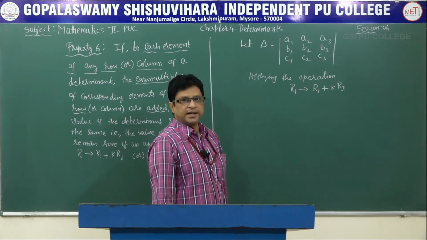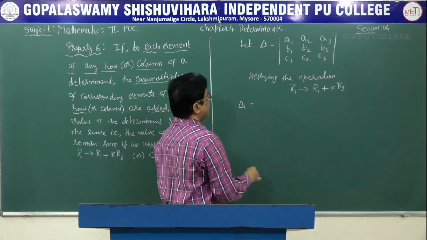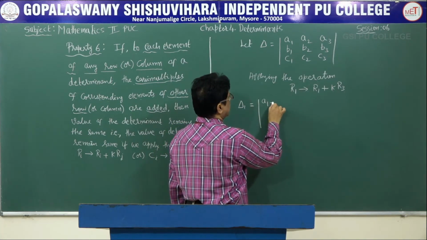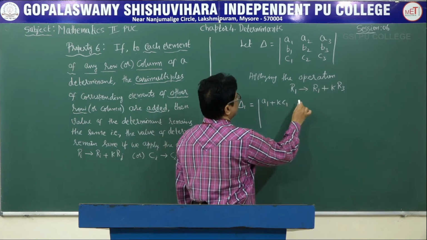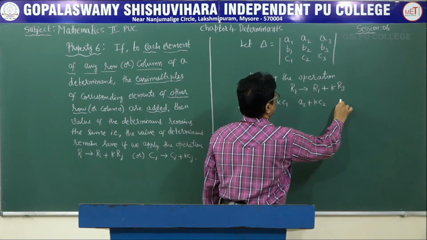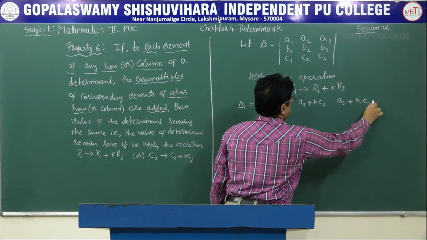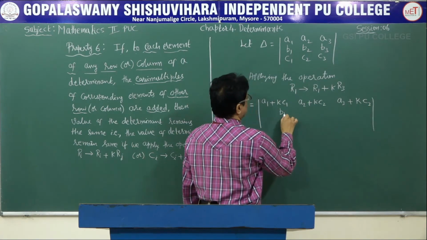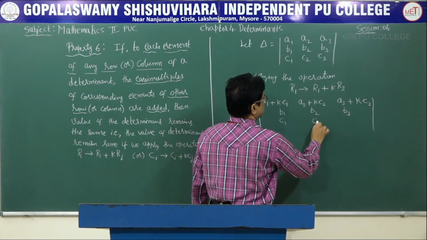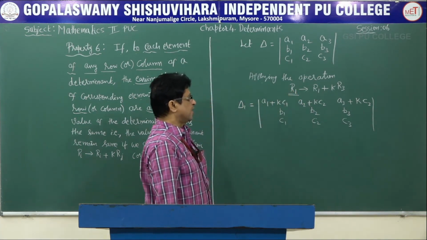The new determinant obtained is delta 1. So delta 1 is equal to the determinant of a1 plus K c1, a2 plus K c2, a3 plus K c3, b1, b2, b3, c1, c2, c3, because I operated on R1.